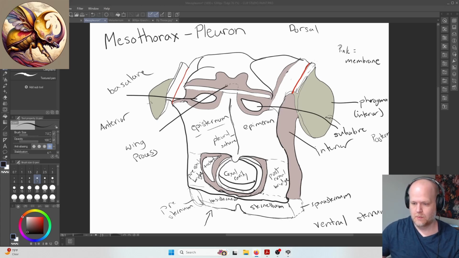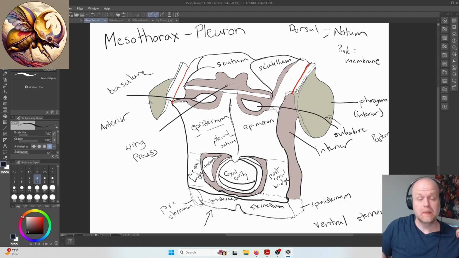Let me move this over. Okay, and then up on top here, this dorsal surface, this is the notum. And the notum is, again, multiple plates fused together. Generally speaking, you'll see a scutum and a triangular scutellum.